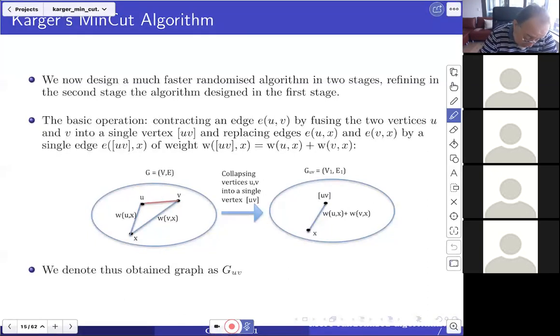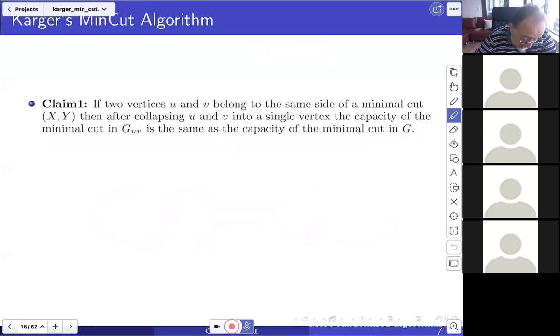Okay, so we denote the thus obtained graph as G_uv. That's the graph obtained from G by contracting the vertices U and V, and of course eliminating the edge between U and V. So here is the claim.